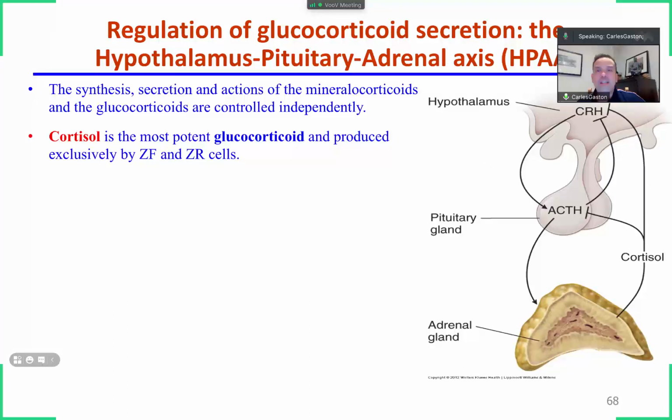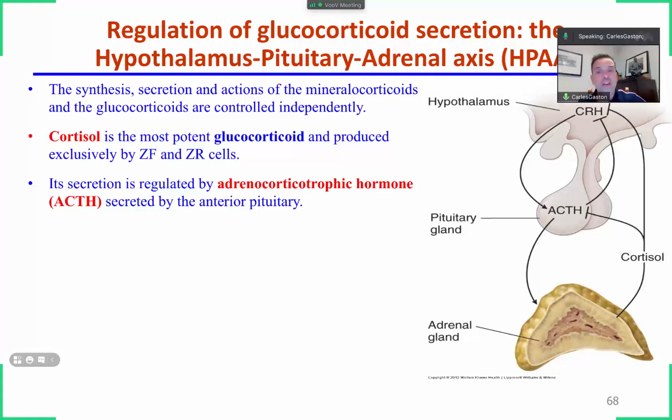Cortisol is the most potent glucocorticoid and is produced by the zona fasciculata and zona reticularis cells because they contain the enzymes that allow the modification of the cholesterol into the successive forms of cortisol.